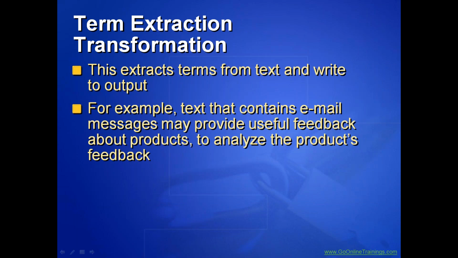The next one is term extraction. This extracts the terms from the text and writes them into output. For example, text that contains email messages may provide useful feedback about a product. To analyze the product's feedback, you may give a lot of feedback in the mail, in social sites, in SMSs, WhatsApp. This mobile is good, this mobile is bad, this is too costly, camera is bad, I think the price is very good, this has a very good camera.